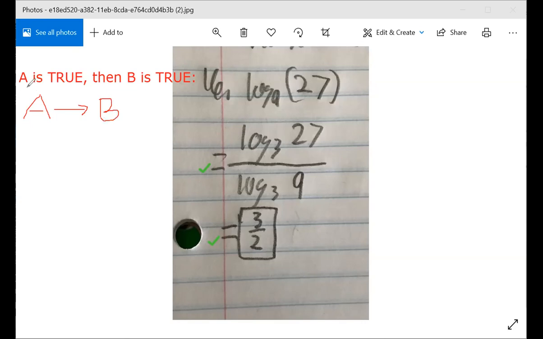When A is true, then B is true. Sometimes we use the shorthand of A arrow B. Because A is true, then B is true. From A, we get B. So far, so good? An arrow is a weaker relationship than equal.